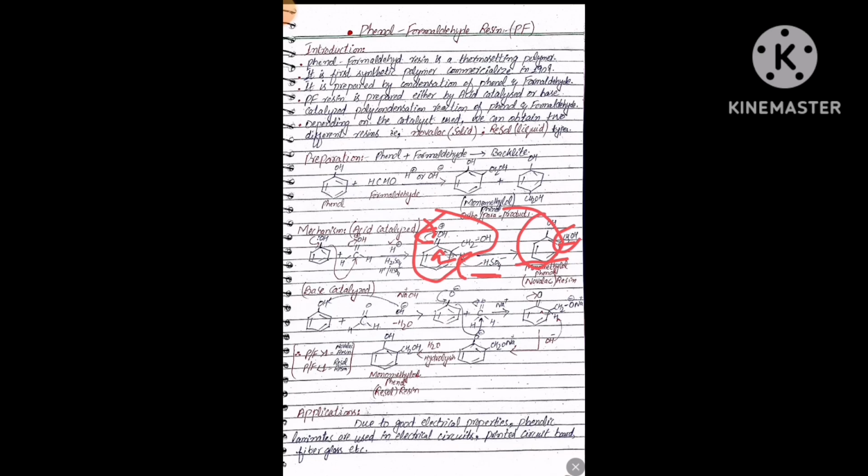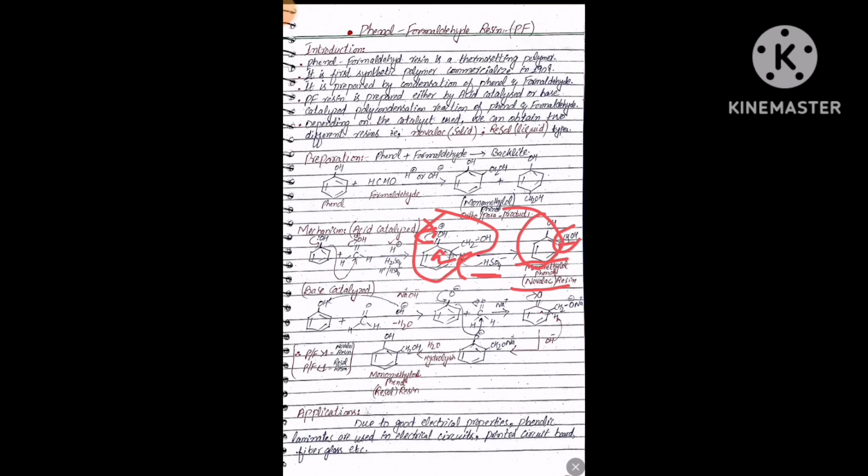Its name is Novalac resin. This means when we use acid catalysis, the product formed is Novalac resin. Another concept I will share at the end.